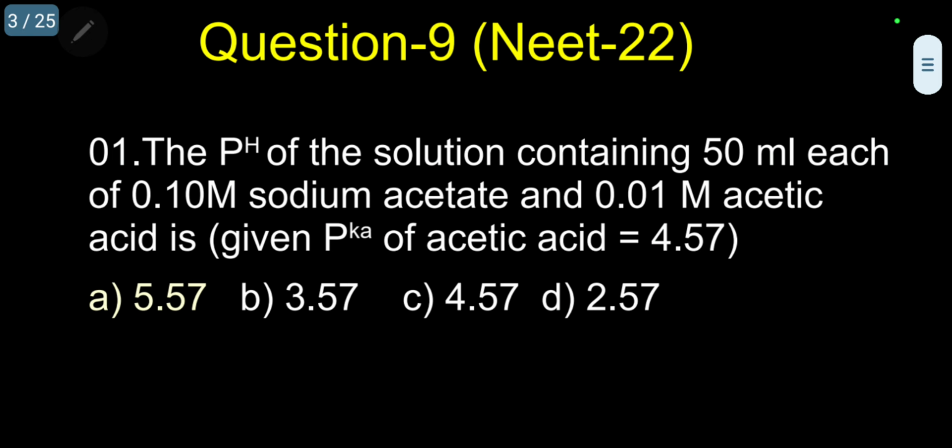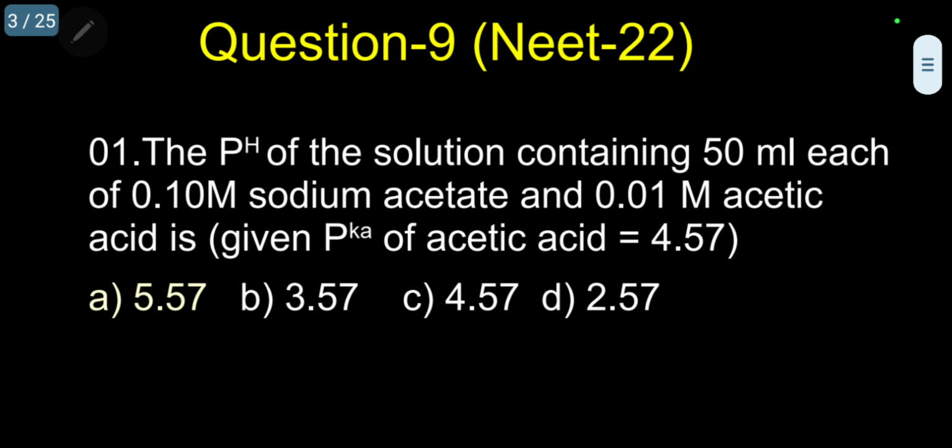Number 3, pH and pOH. And the 4th one, the Henderson equations for pH and pOH, and Lewis acid-base theory. Only if you have an idea of these can you answer the questions.